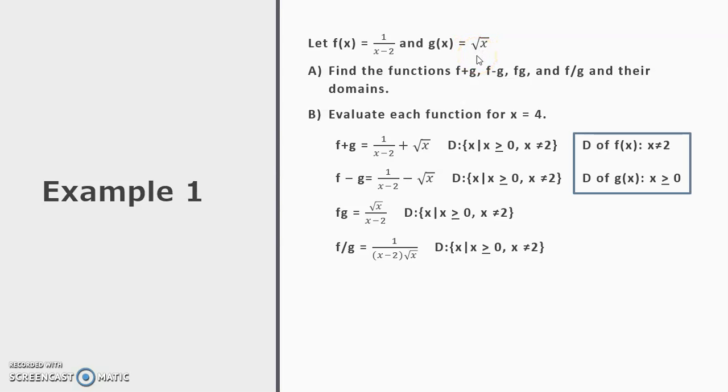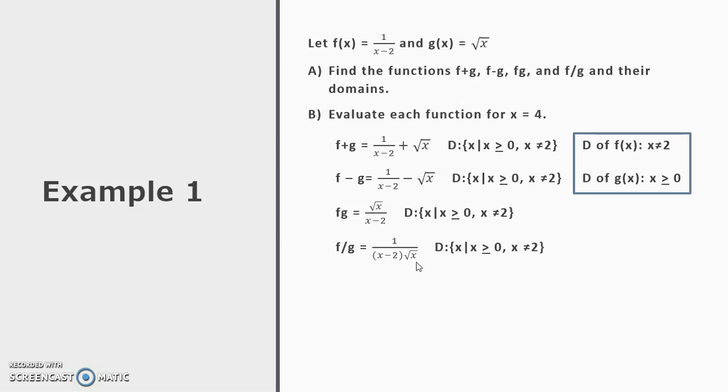And when you multiply that together, you just get the square root of x over x minus 2. And finally, we're going to divide. So fraction division says keep this fraction, change dividing to multiplying, and flip this into a fraction. It's going to be 1 over the square root of x. So when you multiply those together, you get 1 over x minus 2 times the square root of x. And yes, you could distribute the square root of x, but you don't have to.